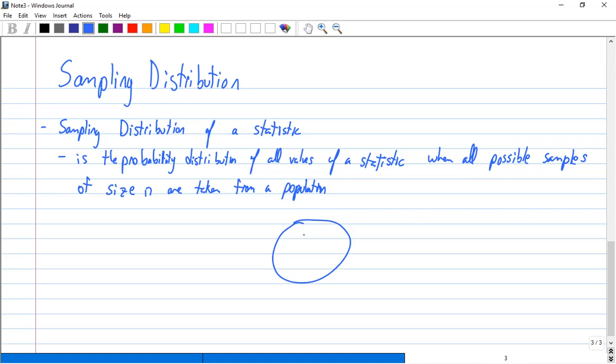And so a sampling distribution of maybe a mean or something like that would be every group of size n that I could possibly take from that population. So all of these little groups over here would represent every possible group or sample taken from this big population.